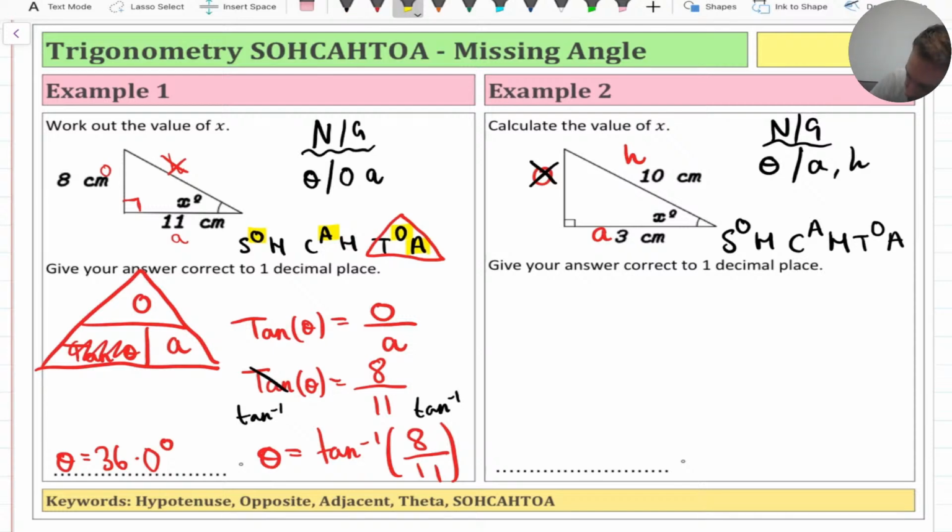So the things that are in my need and got list this time are A first, and then the hypotenuse, so I'm going to be using this one here, which is CAH, which stands for cos. So I draw out the triangle for this, which is cos of theta is adjacent over hypotenuse.